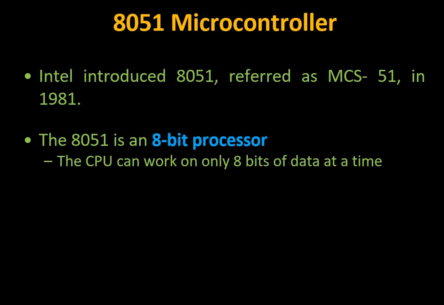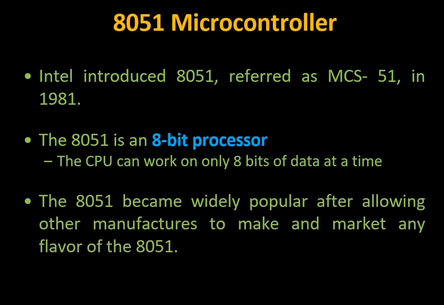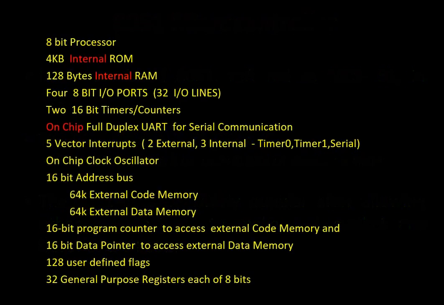There is categorization based on bits, but the 8051 is of 8 bits. There are 8-bit, 16-bit and 32-bit types of microcontrollers also present. And the 8051 became widely popular after other manufacturers were allowed to make any flavor of 8051 for the market.